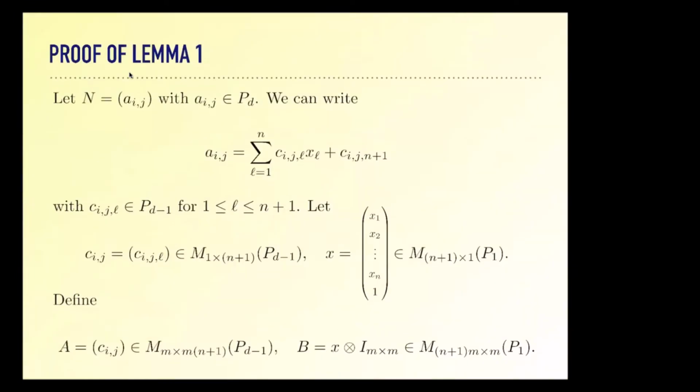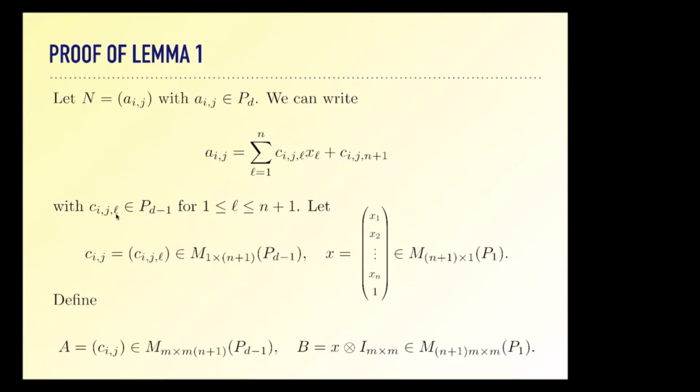So we start with our matrix where the coefficients are polynomials of degree D. Each element, you can factor out an XL if it appears, and if you sum over all possible variables, then of course you can write it as a sum of expressions of Cij L times XL, and then plus you might have some constant left over.